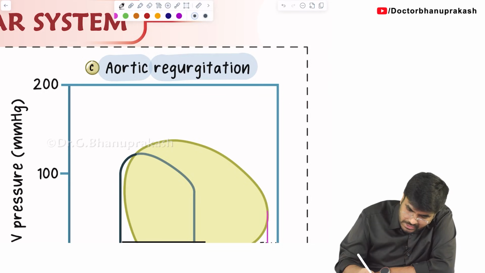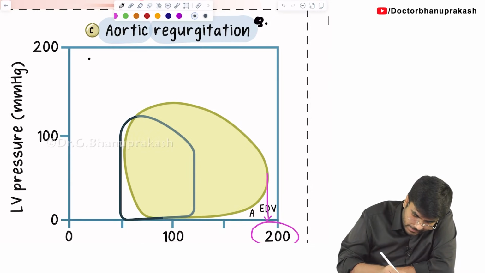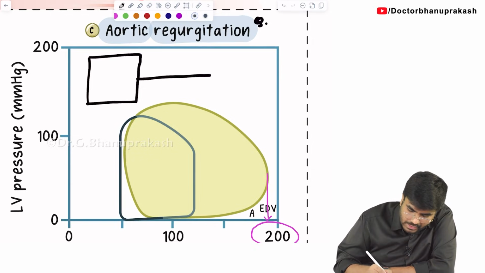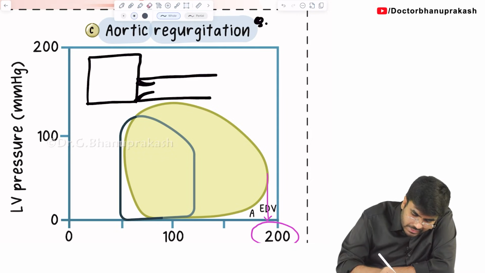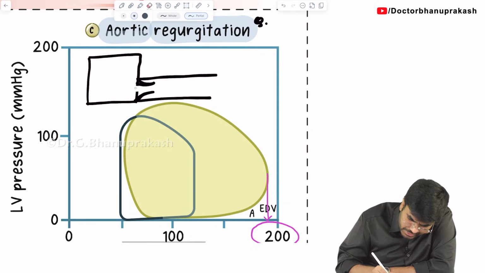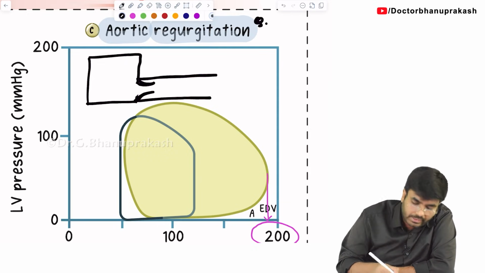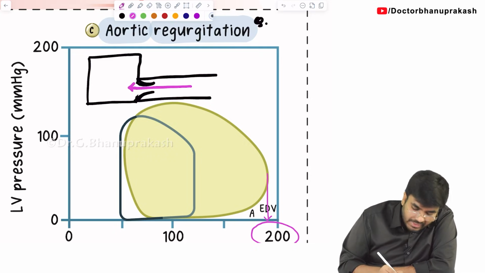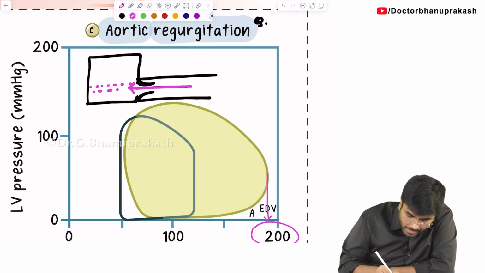What does aortic regurgitation mean? Let's say here is the left ventricle. I am only talking about the left ventricle. Here is the aorta, and this is the aortic valve. Now what happens in regurgitation? Do you think the valve is closing properly? No, the valve is not closing properly. So the blood is again coming back from the aorta, and this extra filling is going to happen.